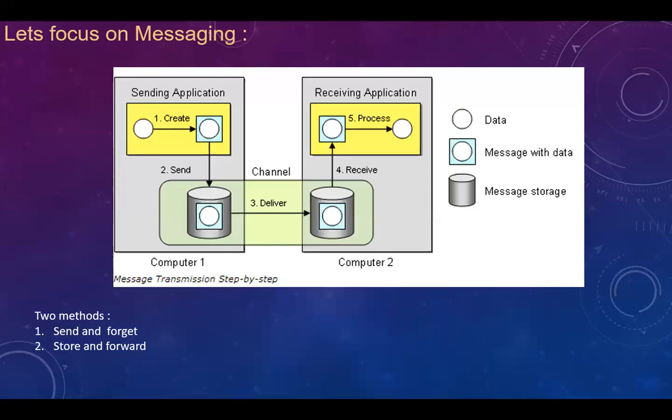With store and forward, we are ensuring that the message is not lost when the sending application sends it to the messaging system, and that it is available for consumption by the receiving application till it comes up or consumes it. These are the two important methodologies that pop up out of this particular messaging diagram.